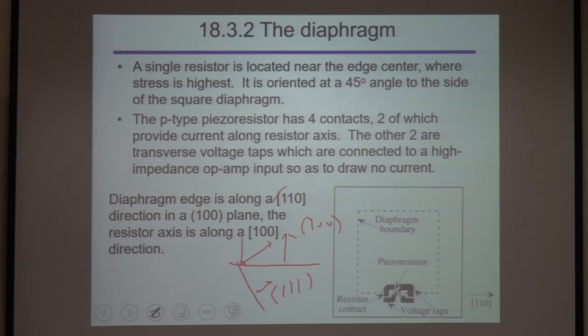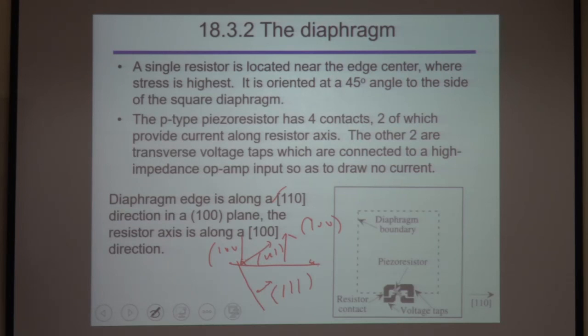This is the 100 direction. So at the intersection, this direction must be 110.